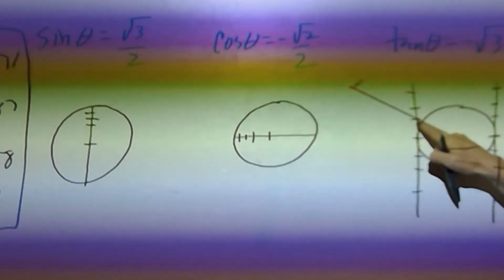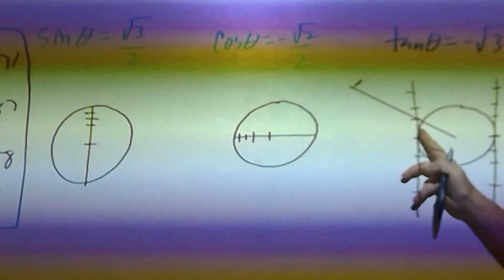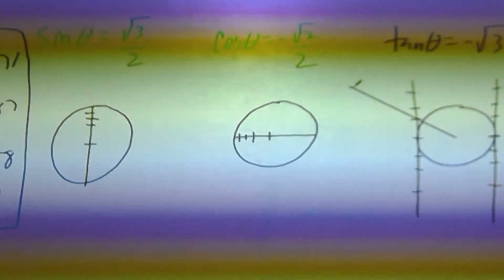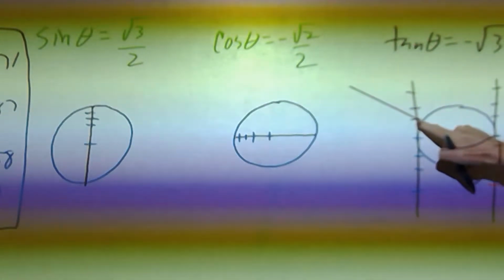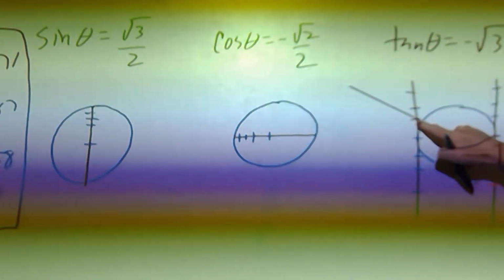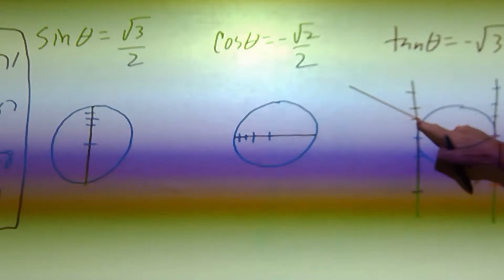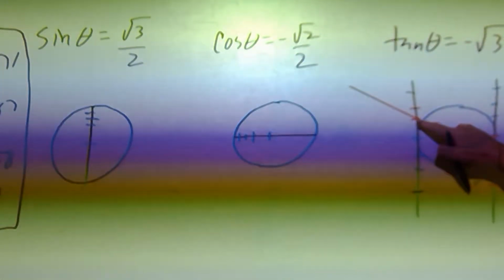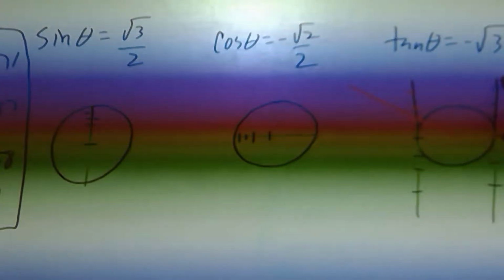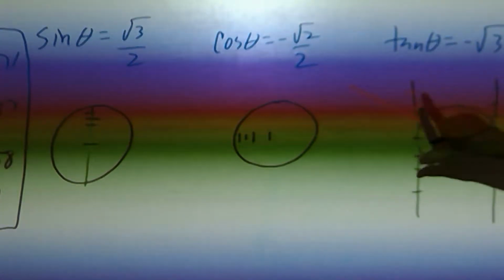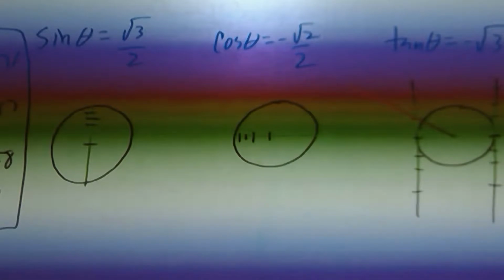Notice how the x-coordinate of the point is negative 1, because this is the tangent line, x equals negative 1. And the y-coordinate is about 0.58. So y over x, 0.58, or radical 3 over 3, divided by negative 1, is negative radical 3 over 3.